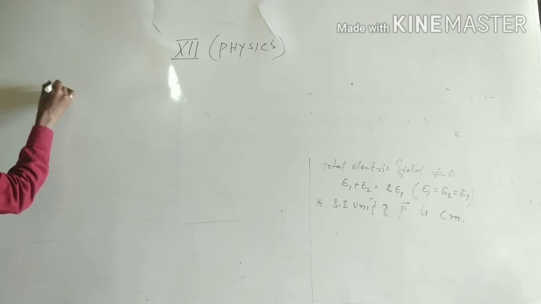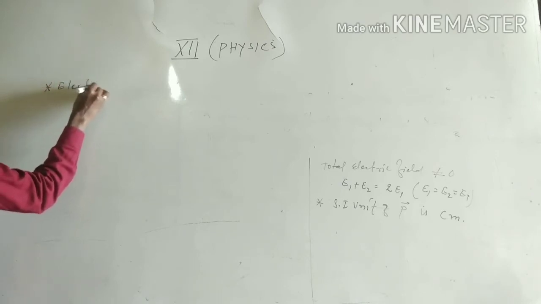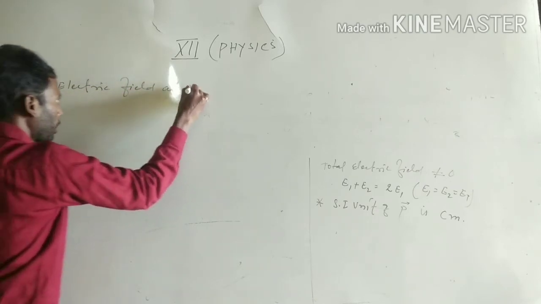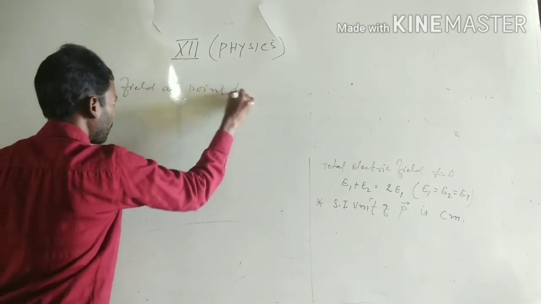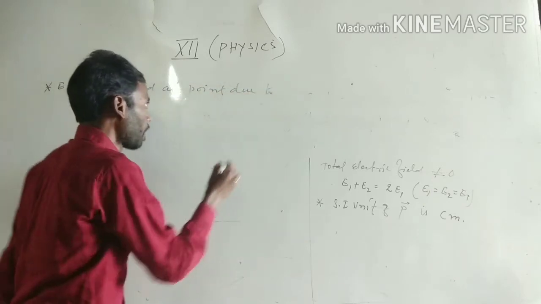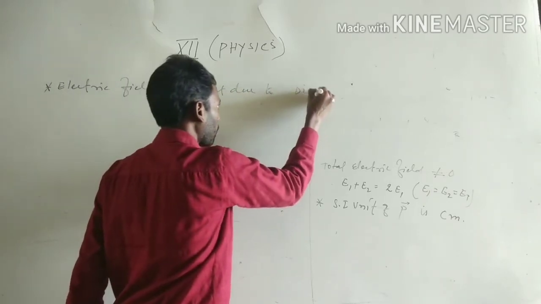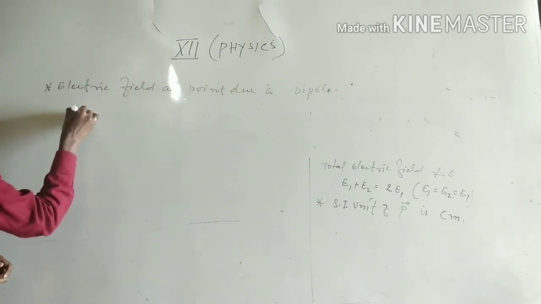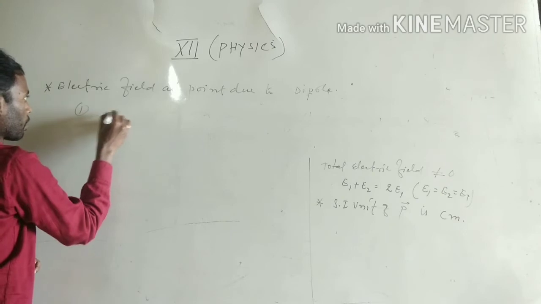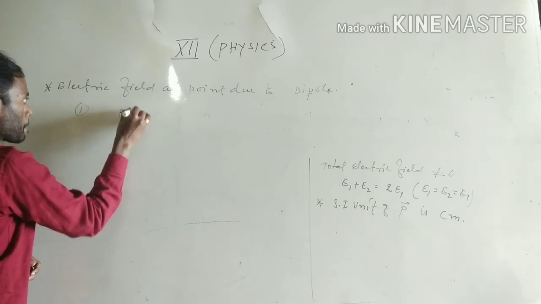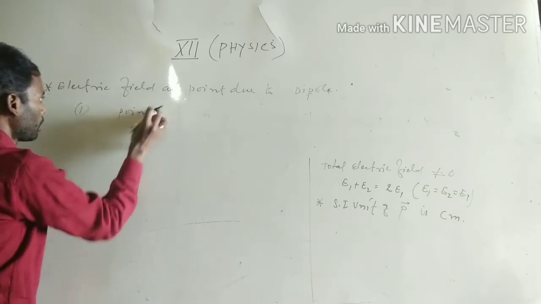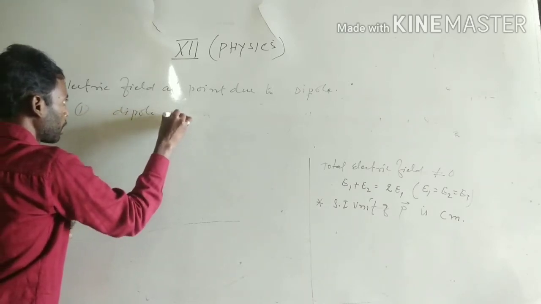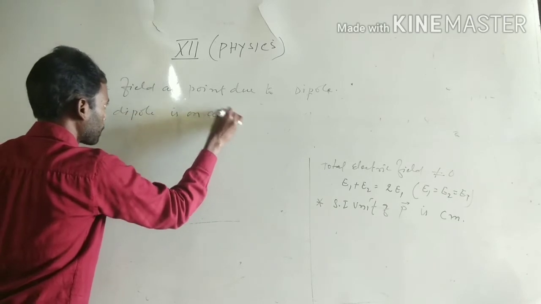Derivation is there: electric field at a point due to a dipole. There are two cases. Number one, the point is on the axis of the dipole.